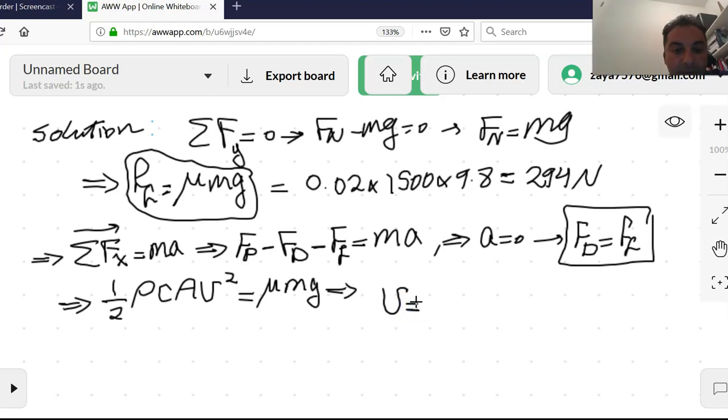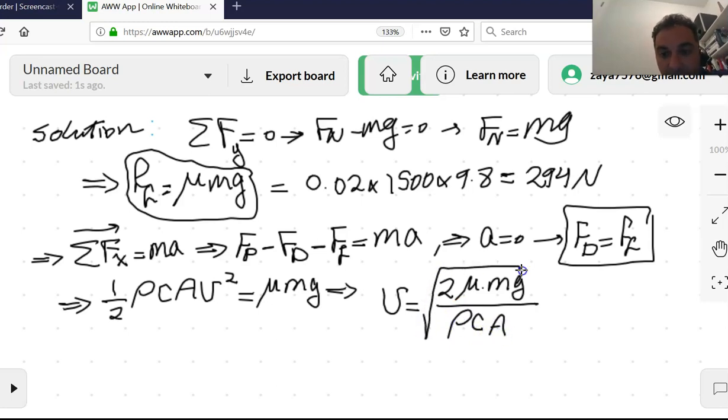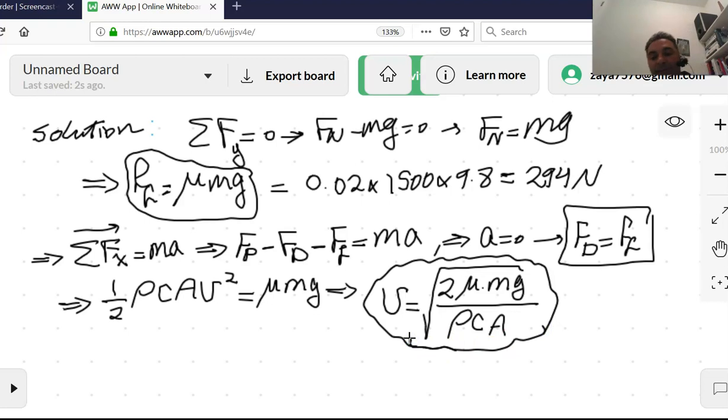Speed becomes equal with 2 mu mg divided by rho C A, and of course we have to take the square root. So this is our speed at which your drag force is the same as friction force.